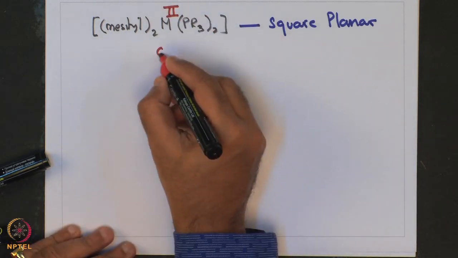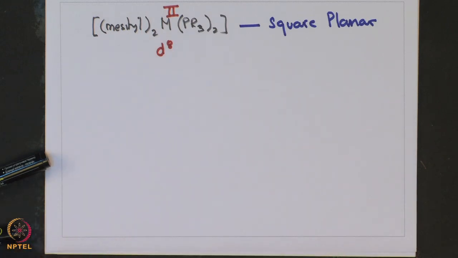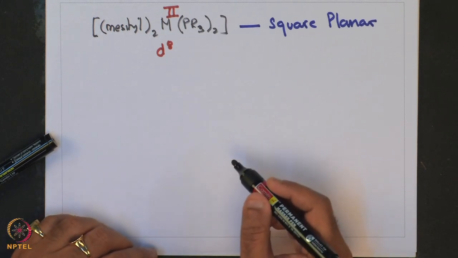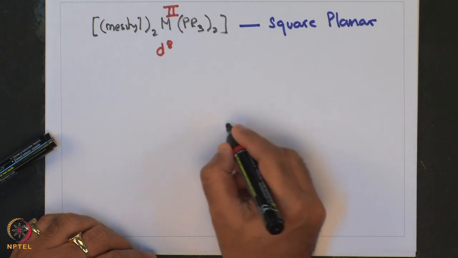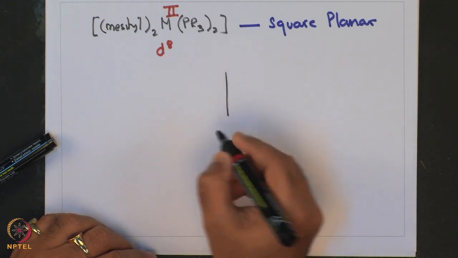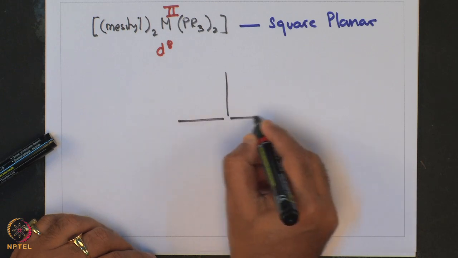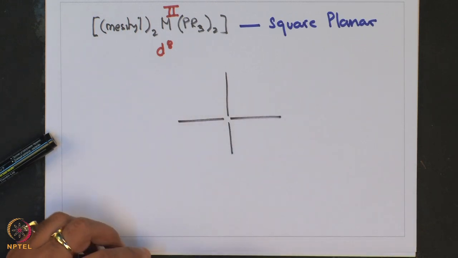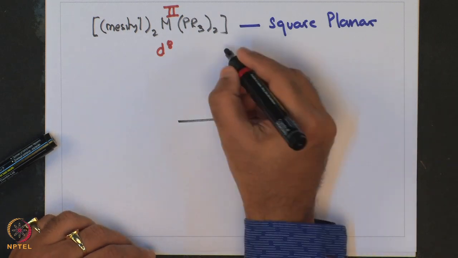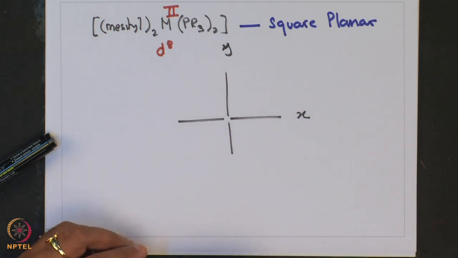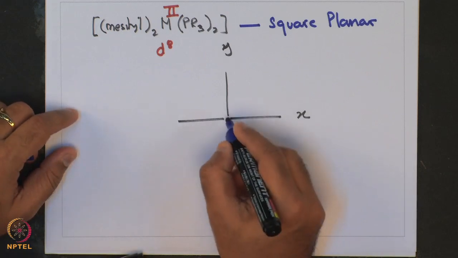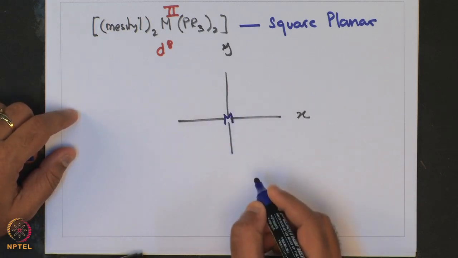So, this is a d8 square planar system. Now, let us look at how the interaction occurs. So, let us say this is the xy plane, and the metal is sitting over here.